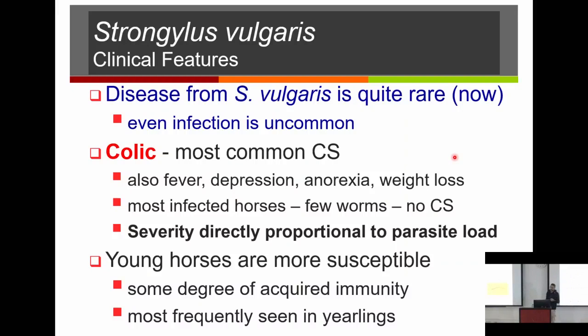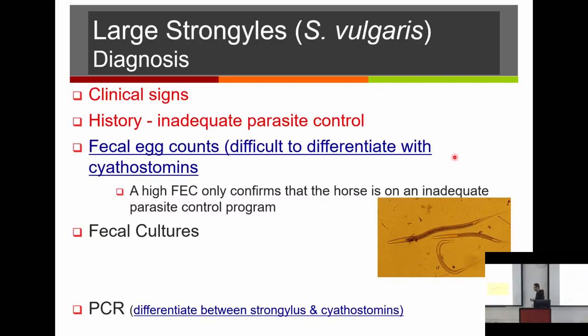Okay, so based on this, what will the diagnostics be? How can we diagnose this disease? Clinical signs and history are really important. But you will also perform the fecal egg count in this case. You will perform the fecal egg count in the coming practical lab.